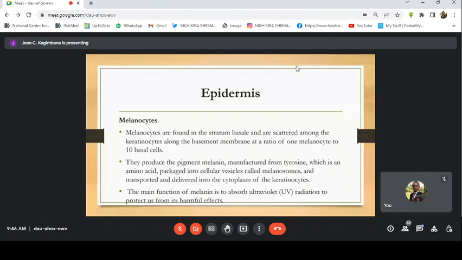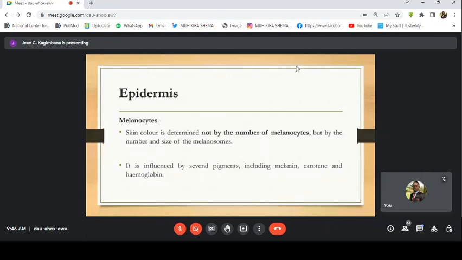And it plays a big role against UV radiation, ultraviolet, especially B, because B are the most harmful. Now, skin color is determined not by the number of melanocytes, okay, but by the number and the size of melanosomes.